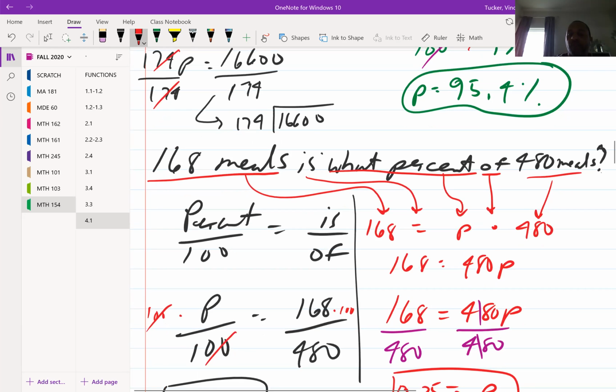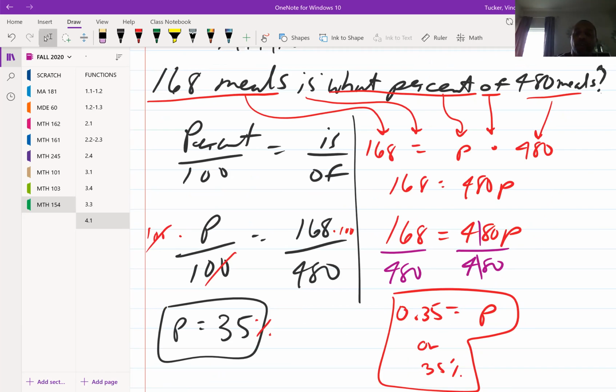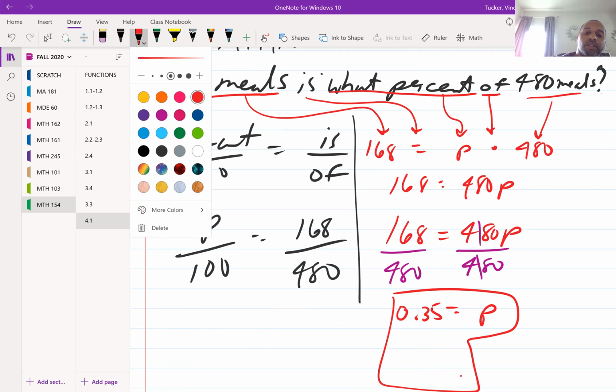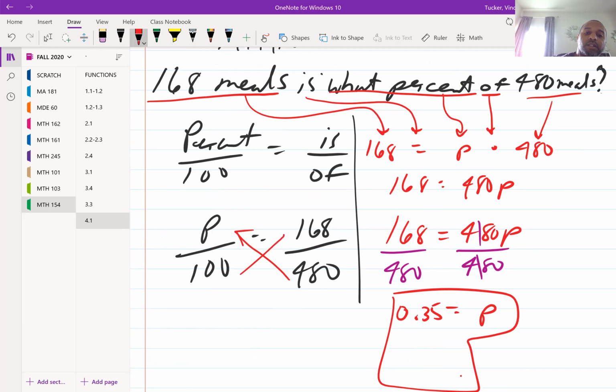Divide both sides by 480, and you get 0.35. On the left side, if we solve our proportion using cross multiplication, remember you always multiply with 100. That's 480p equal to 16,800.